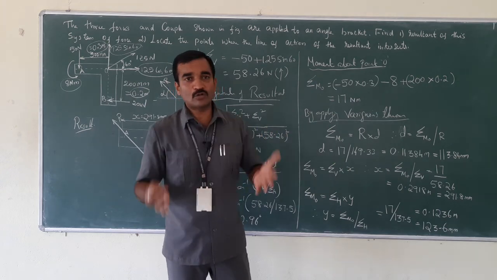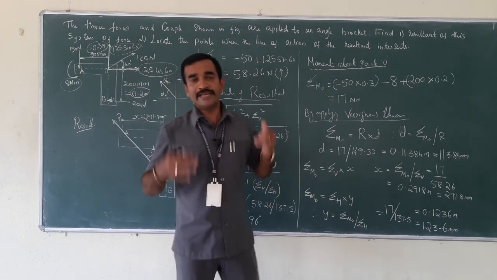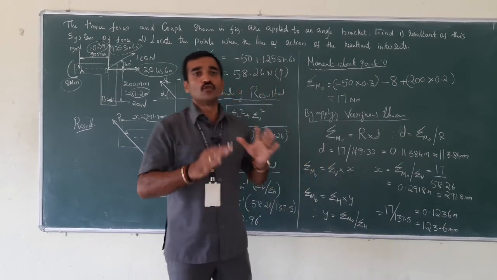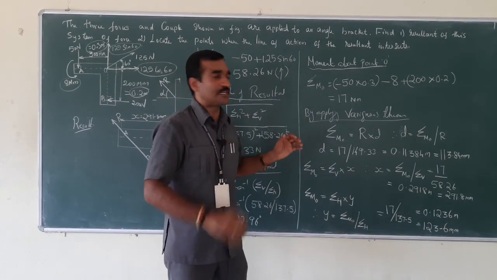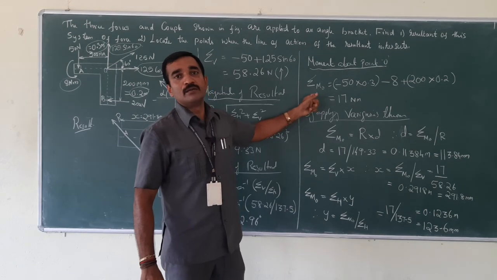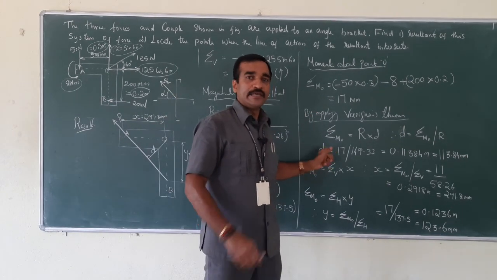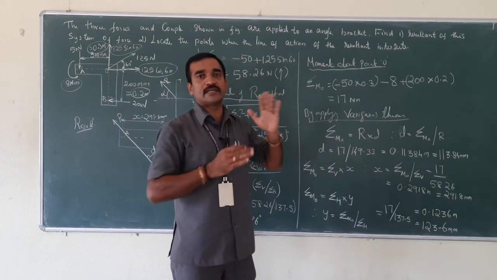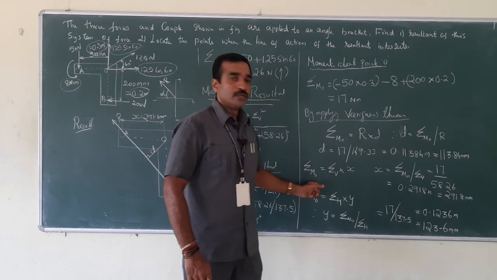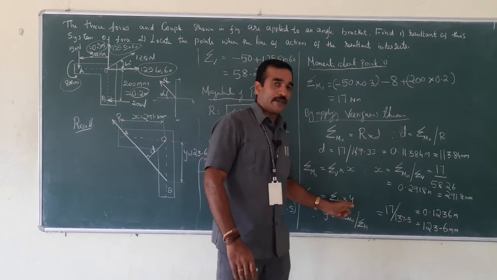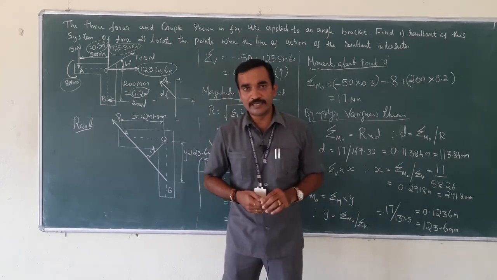So first you will have to calculate the resultant, then its direction, and to find the location of the resultant, you will have to find the moment value, then its perpendicular distance. Then in order to find the location of the resultant on the x-axis and y-axis, you will have to find the values of x and y. Right? Hope you have all understood this. Thank you.